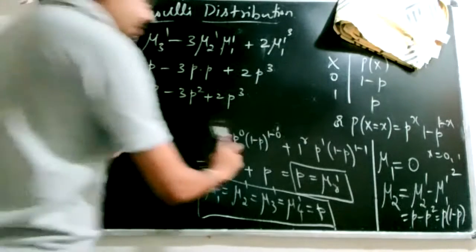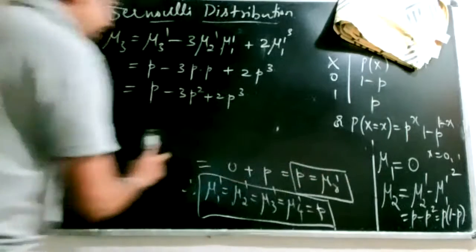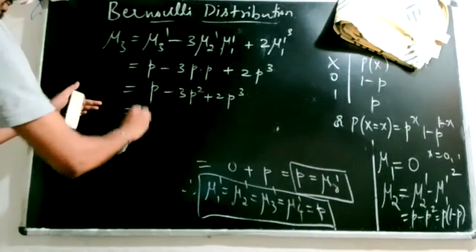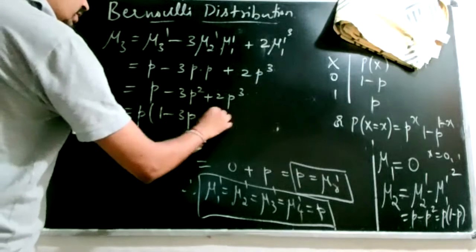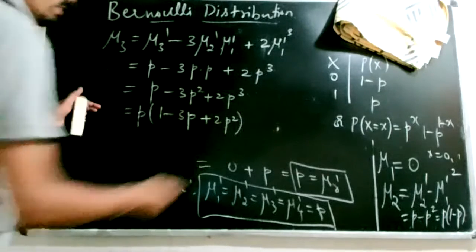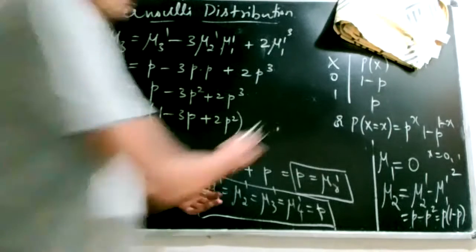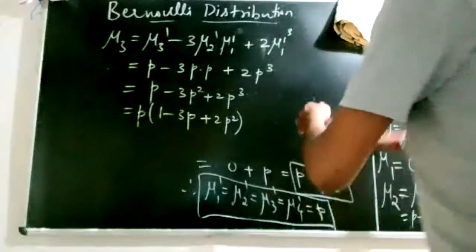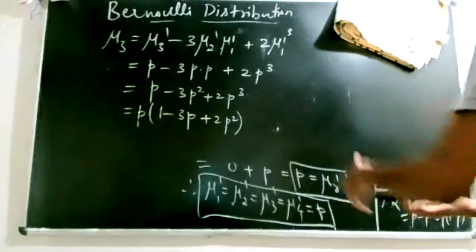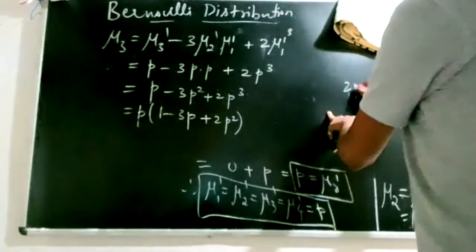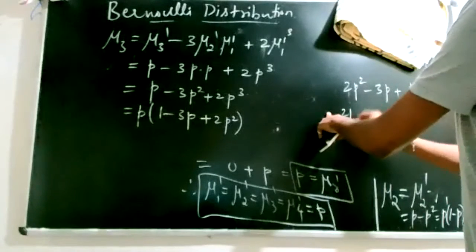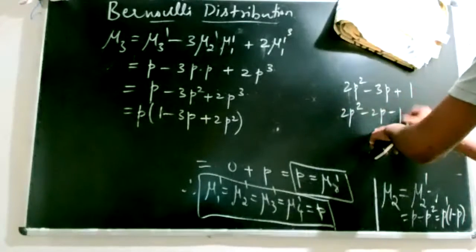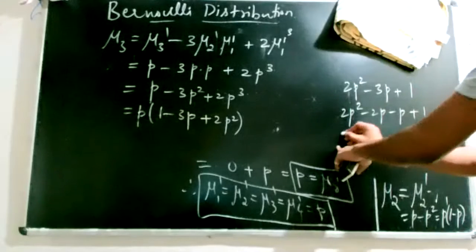You can simplify this into a neat form by taking p outside, so I'll get 1 minus 3p plus 2p square. Now you can factorize this: you have 2p square minus 3p plus 1, which you can write as 2p square minus 2p minus p plus 1.